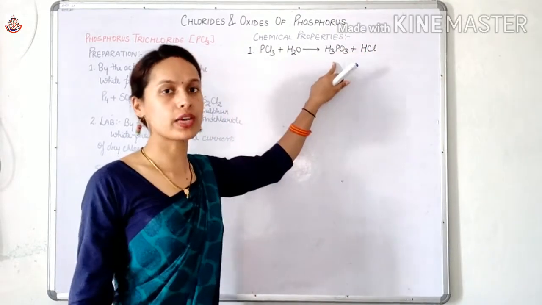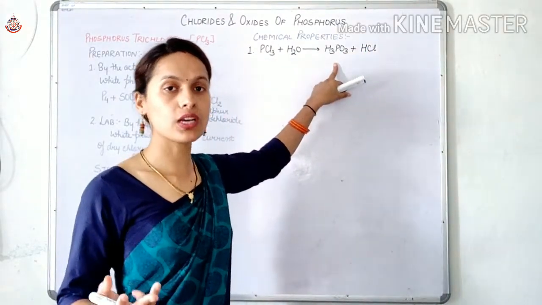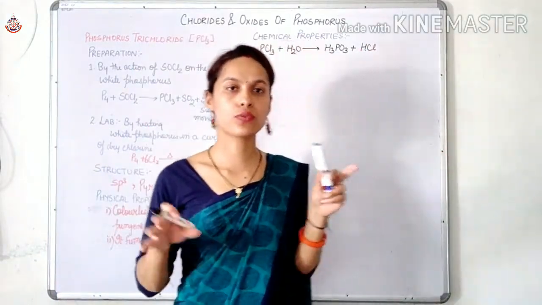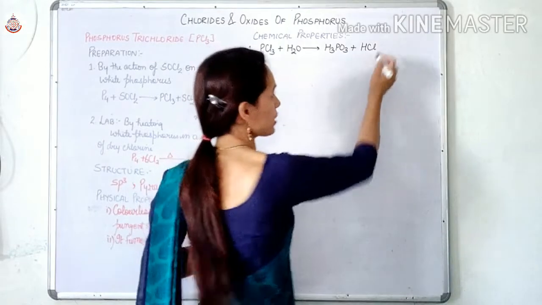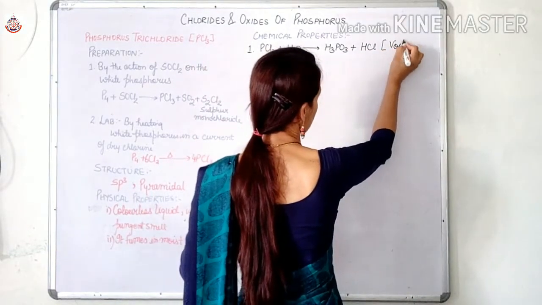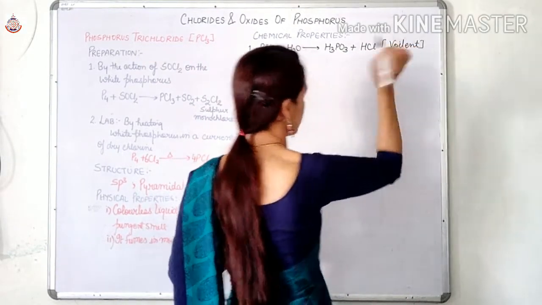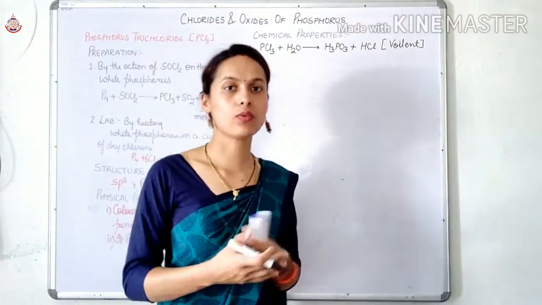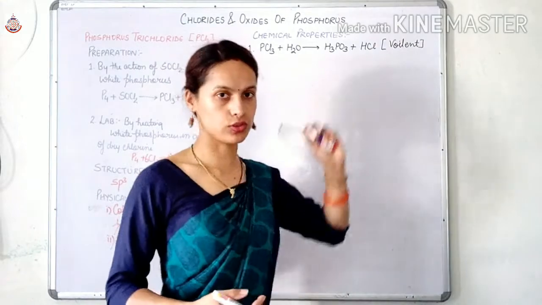This is phosphorus acid. H3PO4 is phosphoric acid and H3PO3 is phosphorus acid. So PCl3 reacts violently with water to form H3PO3.